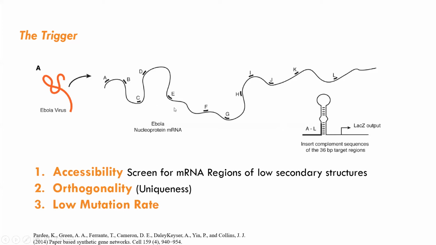Second, they have to be orthogonal. In our case, we don't want them to be absolutely unique to SARS-CoV-2; they just have to demonstrate orthogonality to the human genome. And third, they have to demonstrate lower mutation rates in order to maintain the efficacy of the drug and prevent failure due to mutations later on.